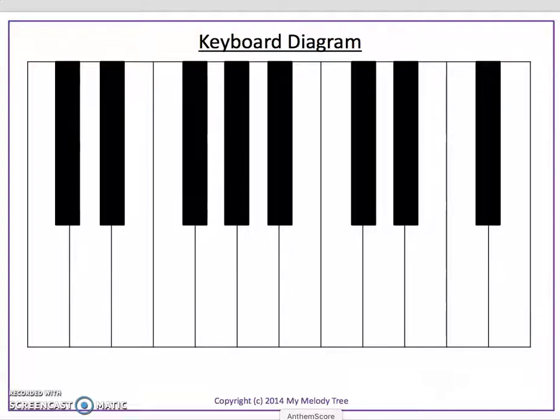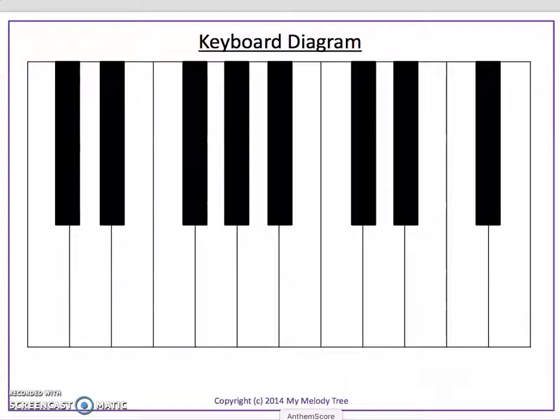So we talked about, back in first semester, that when you're looking at a piano keyboard, C is always to the left of two black keys. So looking at this diagram, where would C be on this diagram? Find the two black keys and go to the left.